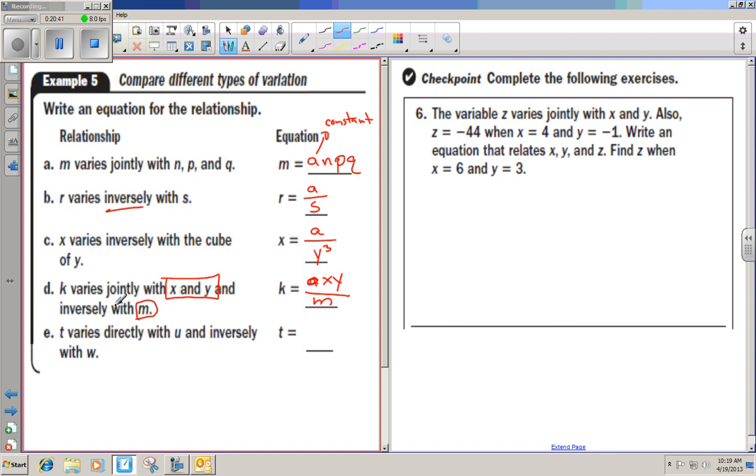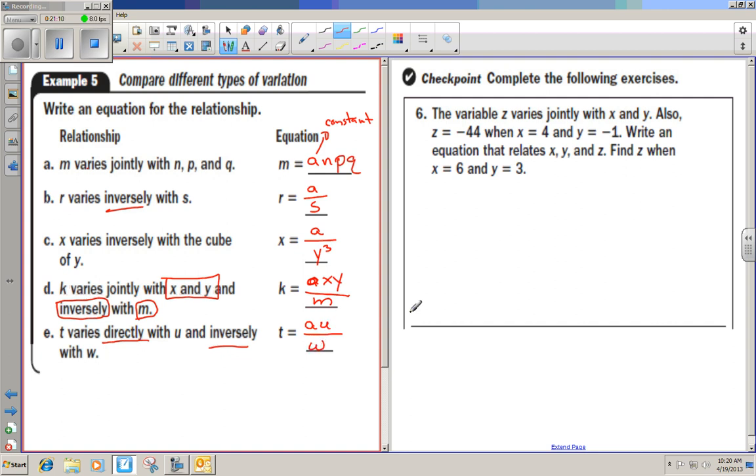Whatever is inversely is in the denominator, whatever is jointly or directly goes in the numerator. The last one here, t varies directly with u and inversely with w. So again, directly is in the numerator, inversely is in the denominator. The constant of variation is always in the numerator. So directly with u and inversely with w.